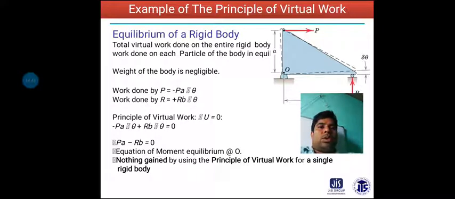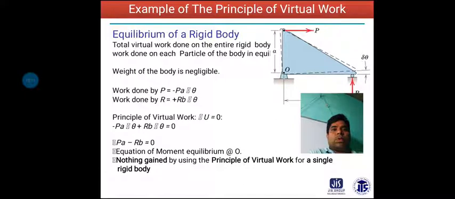So the weight of the body is negligible. So work done by P is equal to minus Pa into theta, and work done by R is equal to plus RB into theta. So by the principle of virtual work, dU is equal to 0.